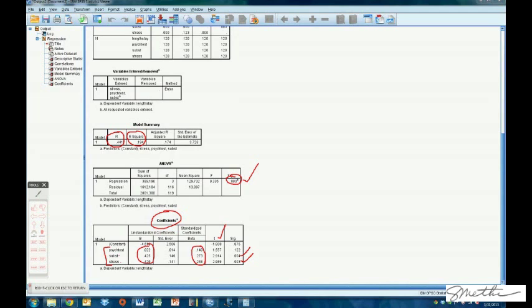So that is a very basic way to use SPSS to examine bivariate correlation as well as multiple correlation, also known as multiple regression. There's much more to this than just that.